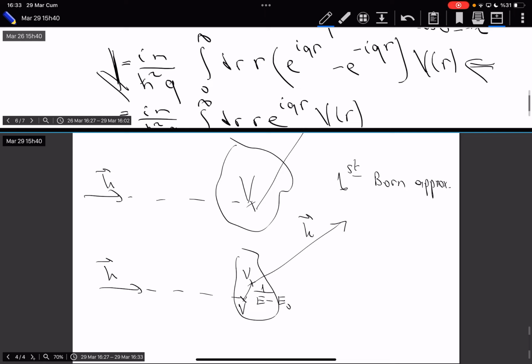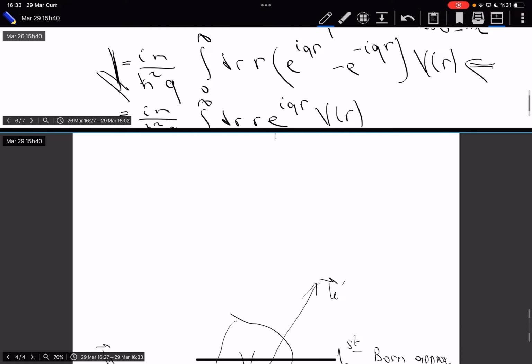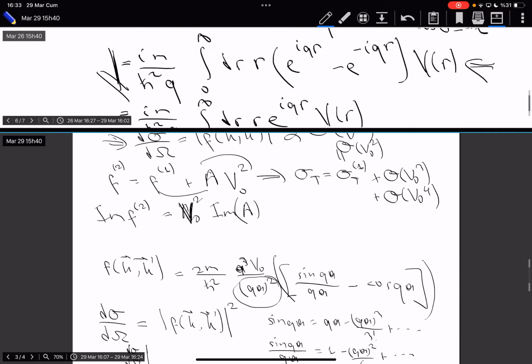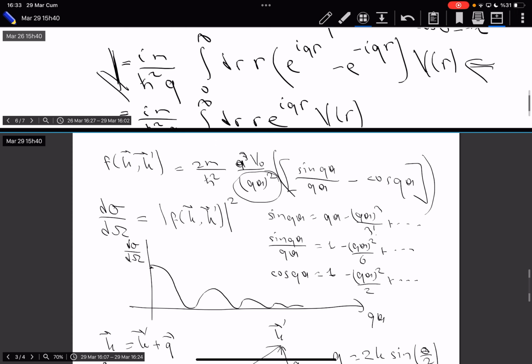In fact, if you calculate f in second order, this i eta will bring an imaginary part to f. If you calculate that imaginary part, you will see that it gives the cross-section that you obtain in the first order Born approximation. So the optical theorem is valid.